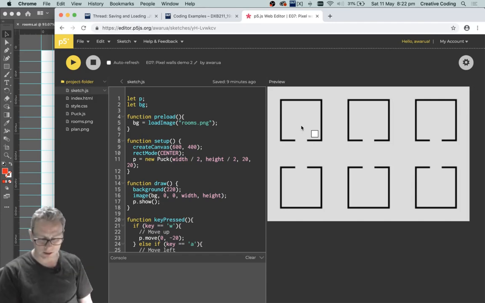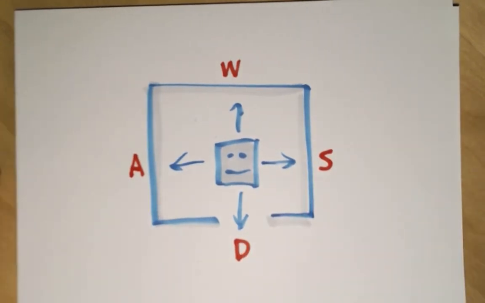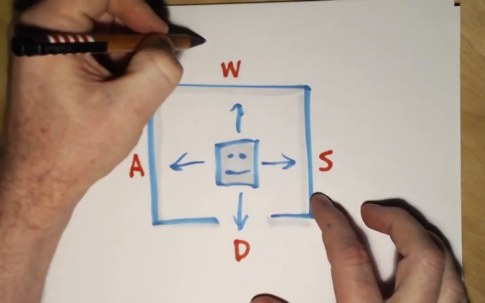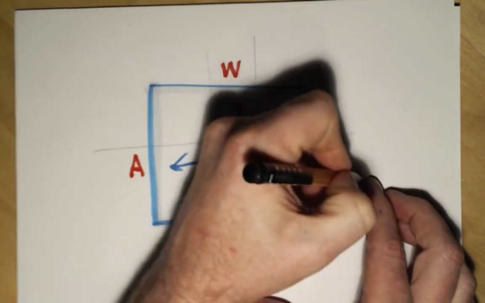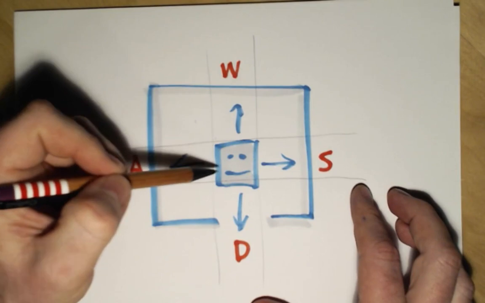Now the key is that we need to think about how we set this drawing up in the first place. And you may have noticed from watching the puck move around on the screen that there's sort of a grid set up behind the scenes of this picture, so that the puck is always sitting perfectly aligned on this grid.